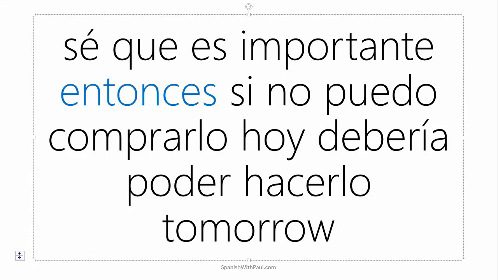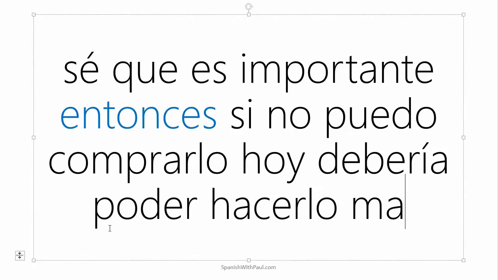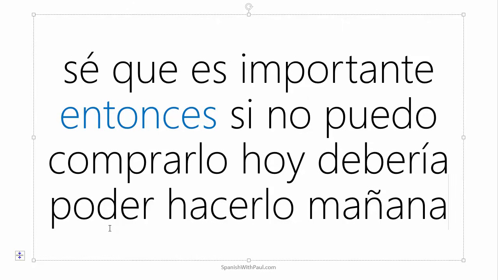And the word for tomorrow would be mañana. See how I just put one building block on top of the other? I didn't panic or get overwhelmed with the length of that sentence. Instead, I just took it one step at a time. So, our sentence now is sé que es importante. Entonces, si no puedo comprarlo hoy, debería poder hacerlo mañana.